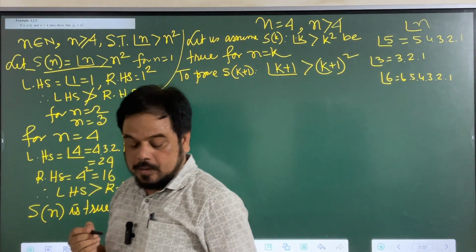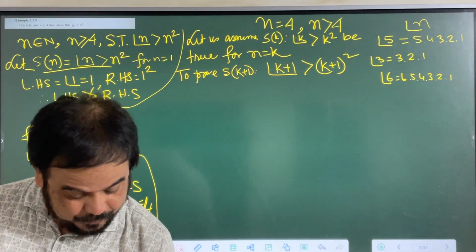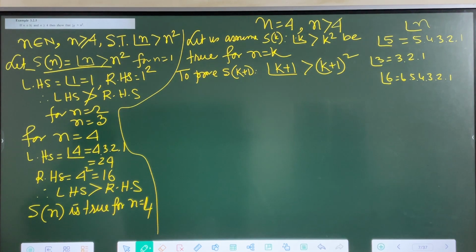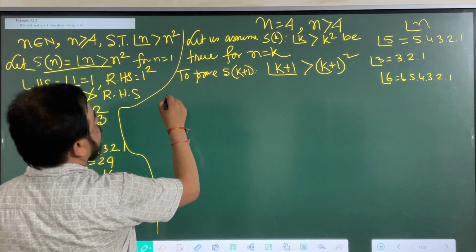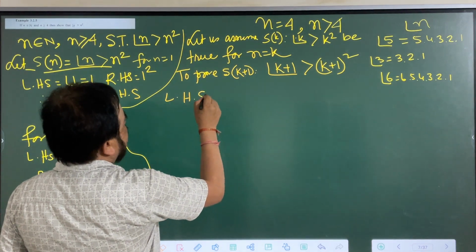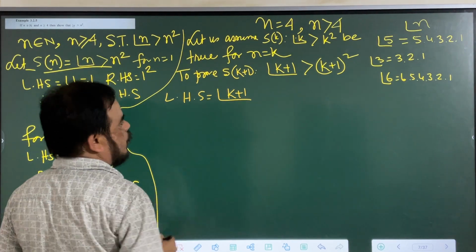Now we have to calculate the left hand side. Now we will do the left hand side. Little critical here. Left hand side is k plus 1 factorial.